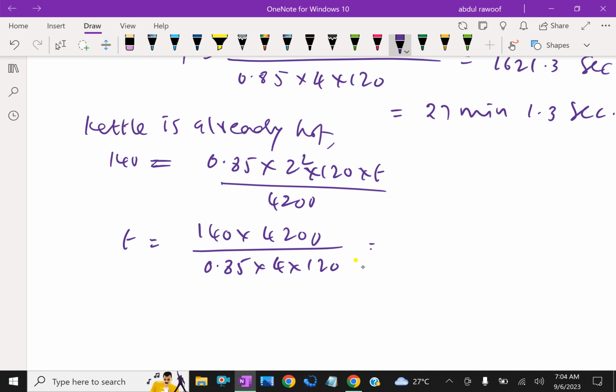Let us calculate this. 140 into 4200 divided by 0.85 into 4 into 120.